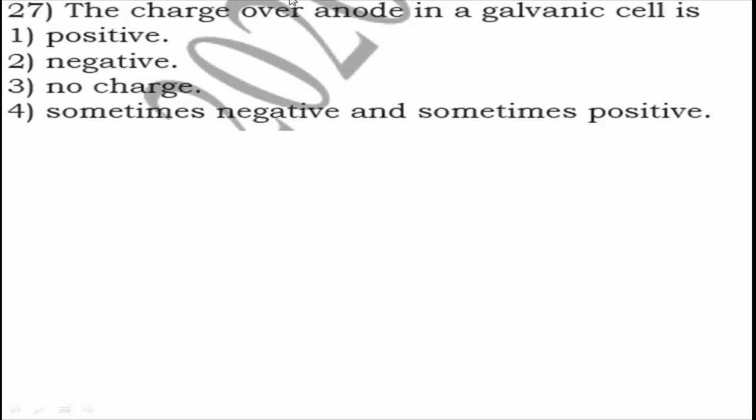Remember, anode is always made up of negative electrode in a galvanic cell. It is an important point. Yes, it is one of the theoretical questions. Therefore, the correct answer for this question is negative. Option 2 is the right answer.